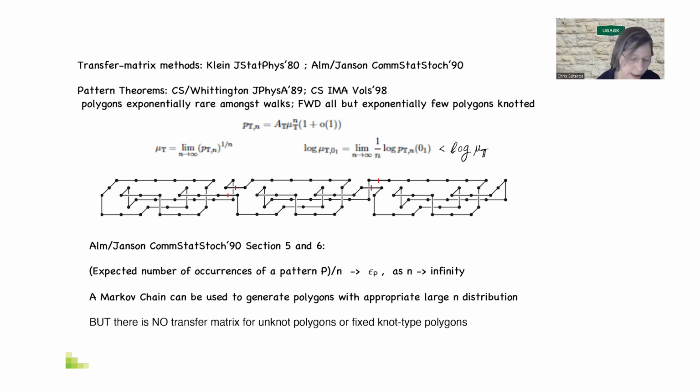Also you're going to have lots of places where you just have two edges, which we call a two section, and so you're going to be able to break up this polygon into connected sums, and so in some sense the average distance between two sections will go to a constant.